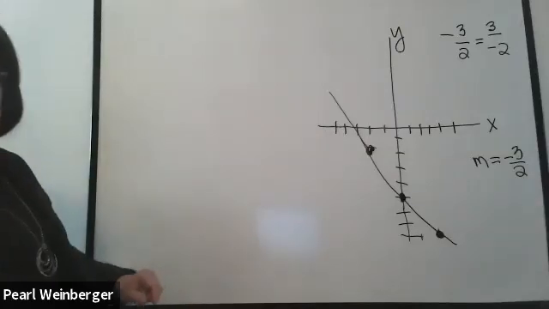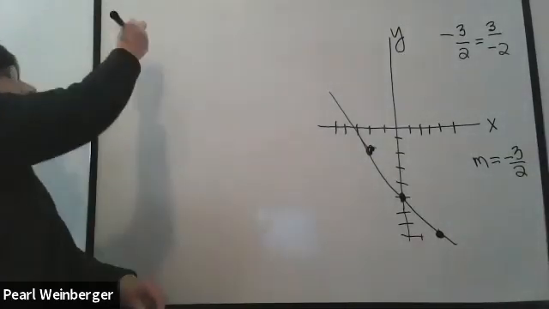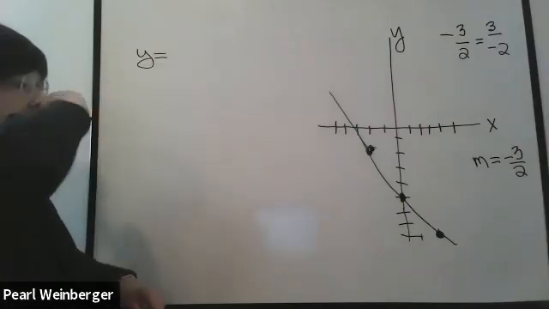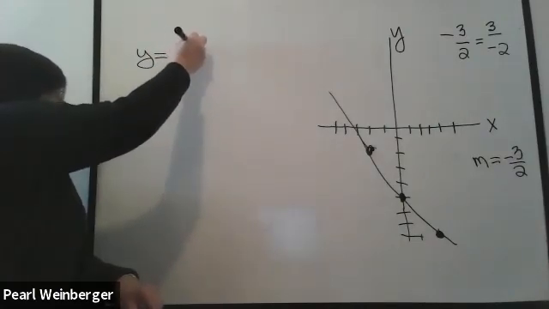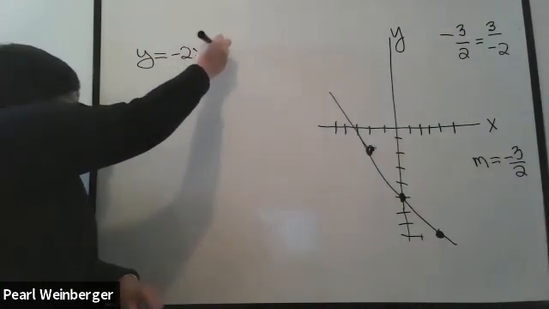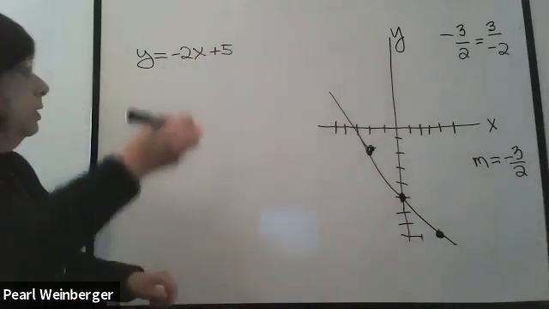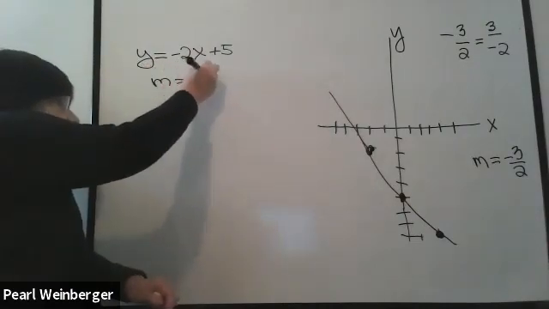So I'm going to give another problem. Let's say, and I'm going to put it already in the y equals mx plus b form, let's say I had y equals -2x plus 5. Then my slope would be -2, right?